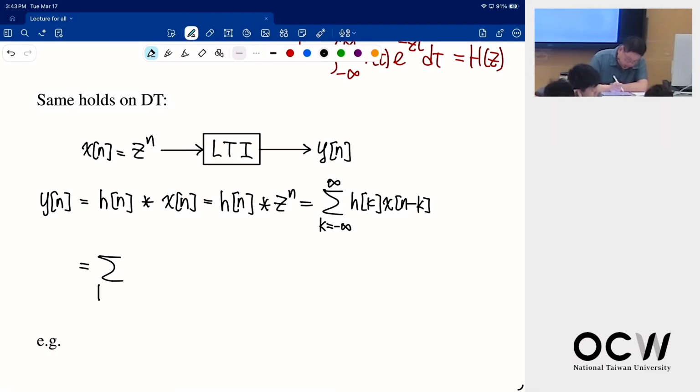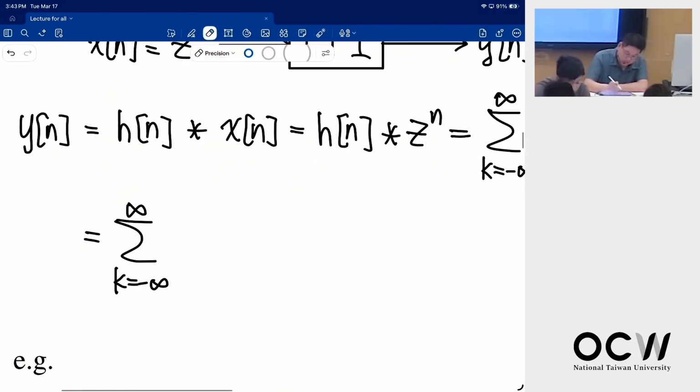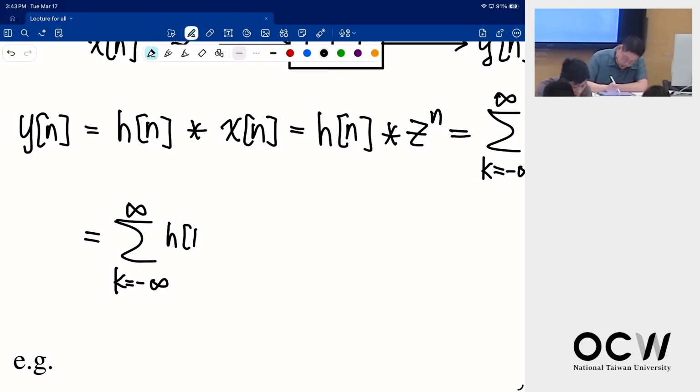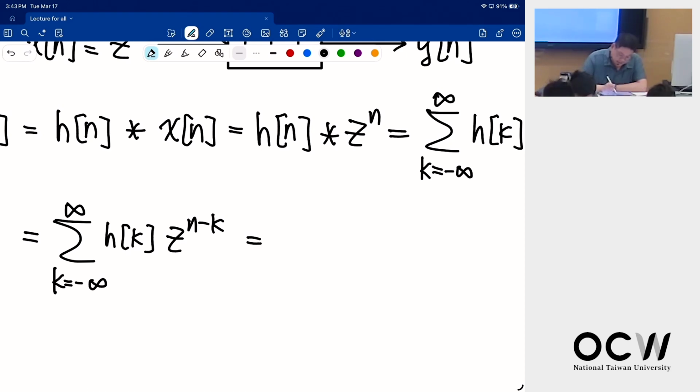Summation h, and your x in m minus k to be z to the m minus k. And since this is the summation with respect to k, we can put z to the n outside. And then summation.